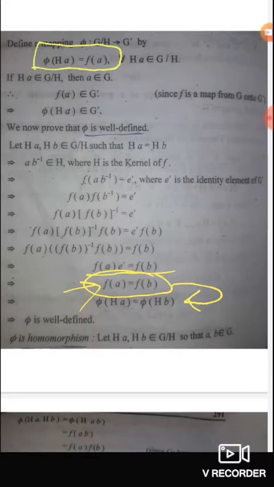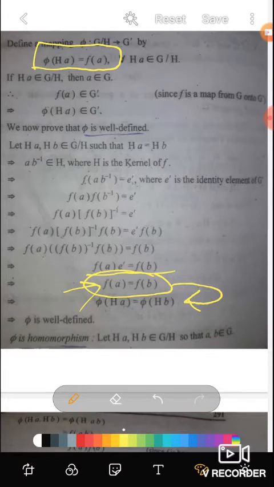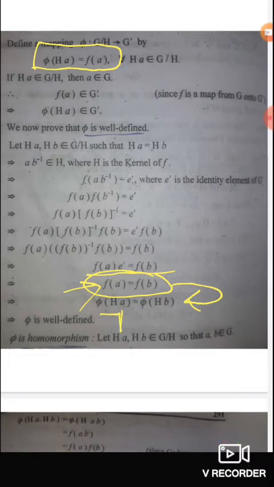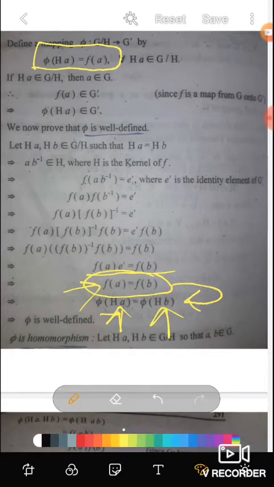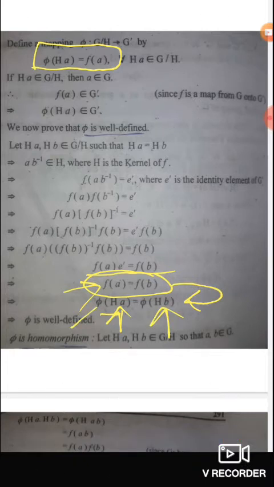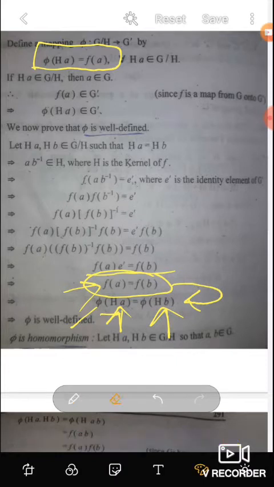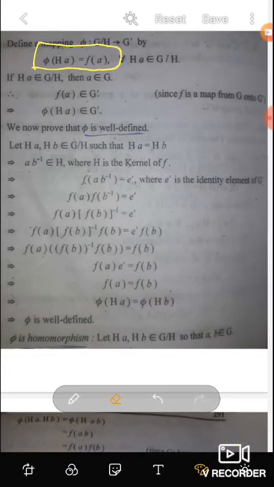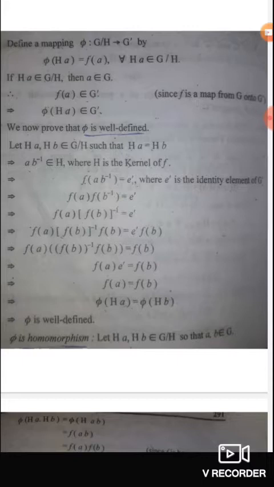Because we have defined function phi by this. So in this way, we are getting that the images of the two different elements Ha and Hb under function phi are the same, equal. So we will say that this function, that is phi, is well defined.